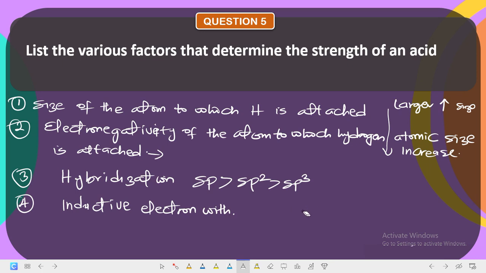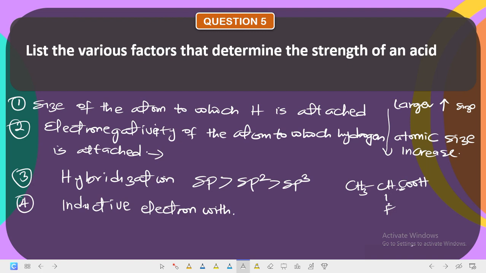And then the presence of a substituent also affects acidity. Like if you have, let's say, CH3, CH, then you have F, and then COOH. Now this fluorine here will affect the what? Acidity. Is that okay? Because it is electron withdrawing, and the closer this is to this, the more acidic it will become.